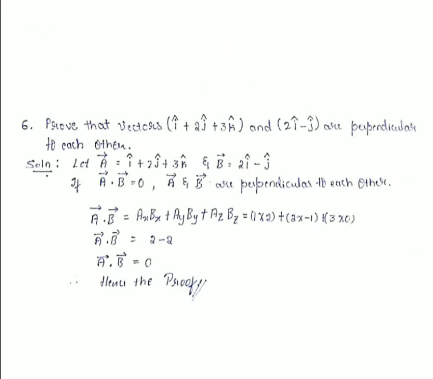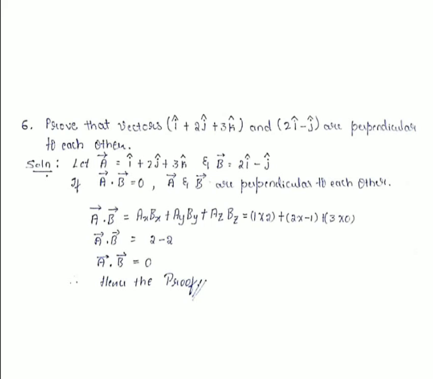Next, given thing, sixth one: prove that vectors I cap plus 2j cap plus 3k cap and 2I cap minus j cap are perpendicular to each other. Okay, let's prove the given problem.